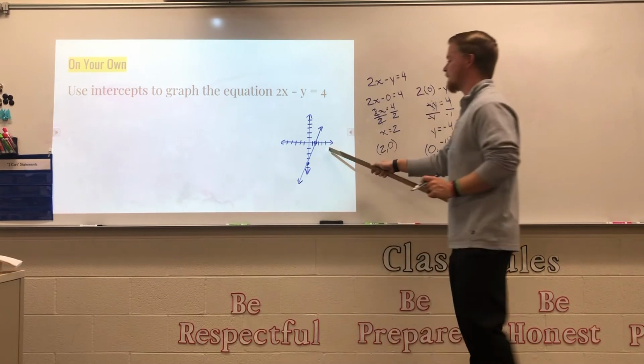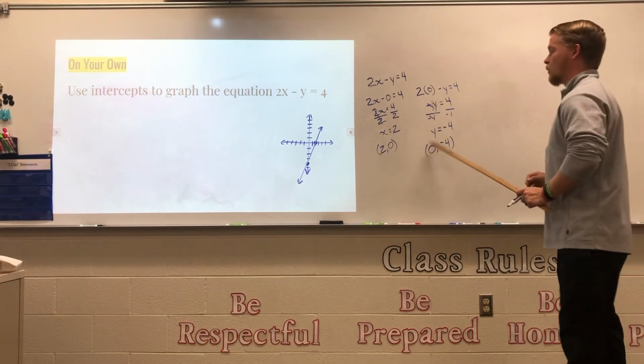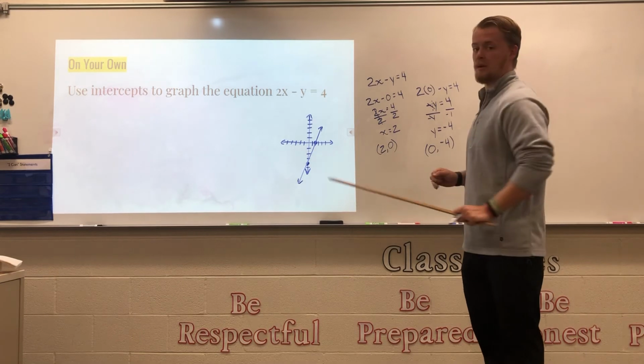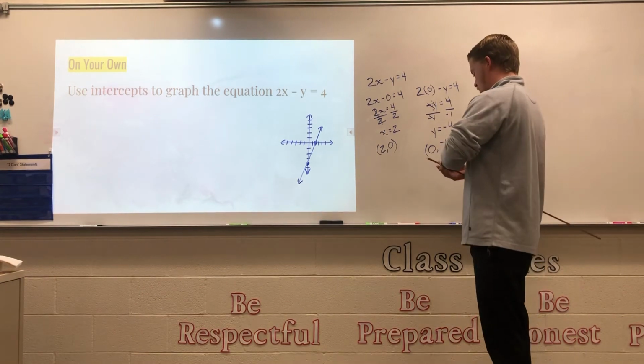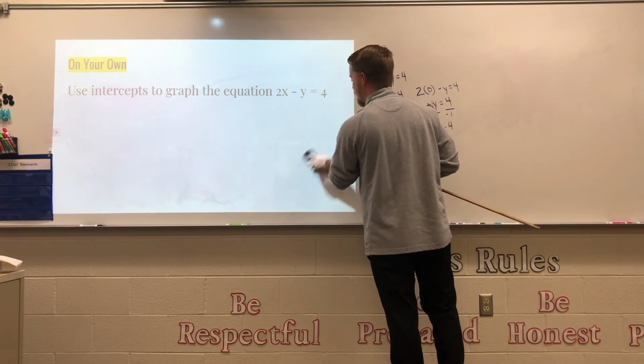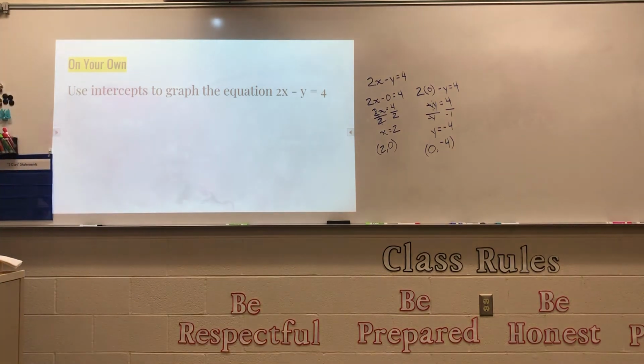So that is the graph that you'll come up with after finding the x and y intercepts for 2x minus y equals 4. Make sure you remember to find your x-intercept, you plug in 0 for y, and to find your y-intercept, you plug in 0 for x.